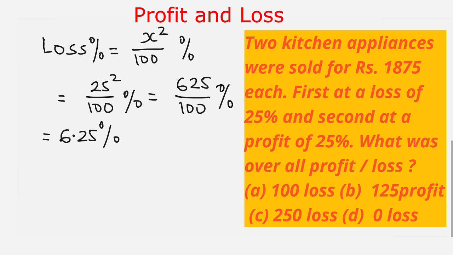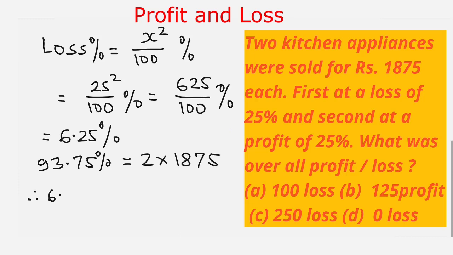It means that the item which is having CP or cost price of 100 is sold at a loss of 6.25%, that is at 93.75%. So we have to find the value of 6.25%. 93.75% is equal to, there are two kitchen appliances each sold at a price of 1875. So this is equal to 2 multiplied by 1875.